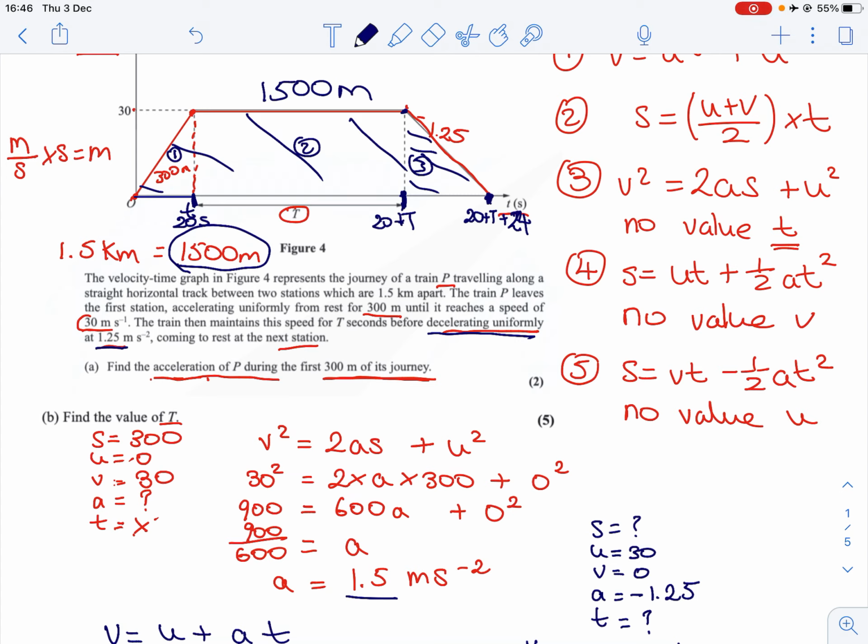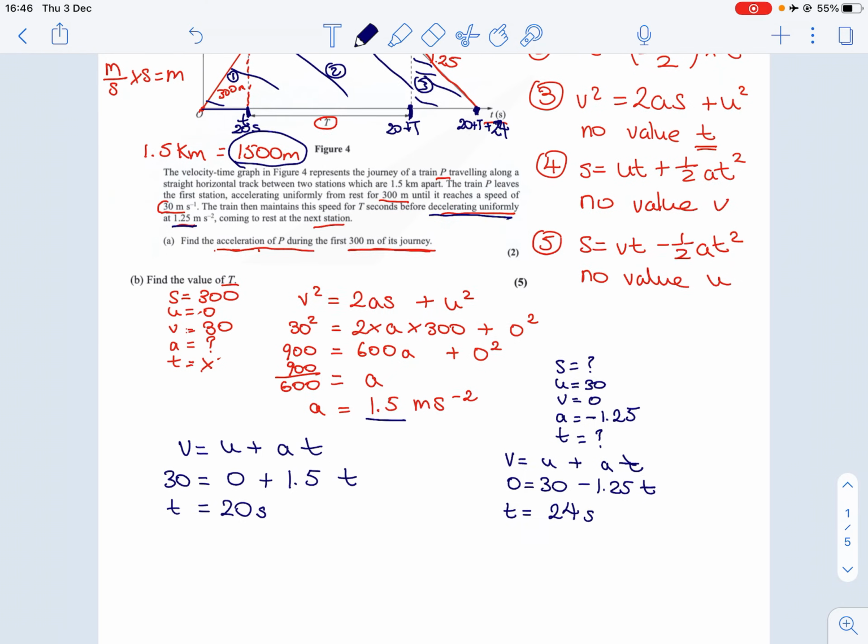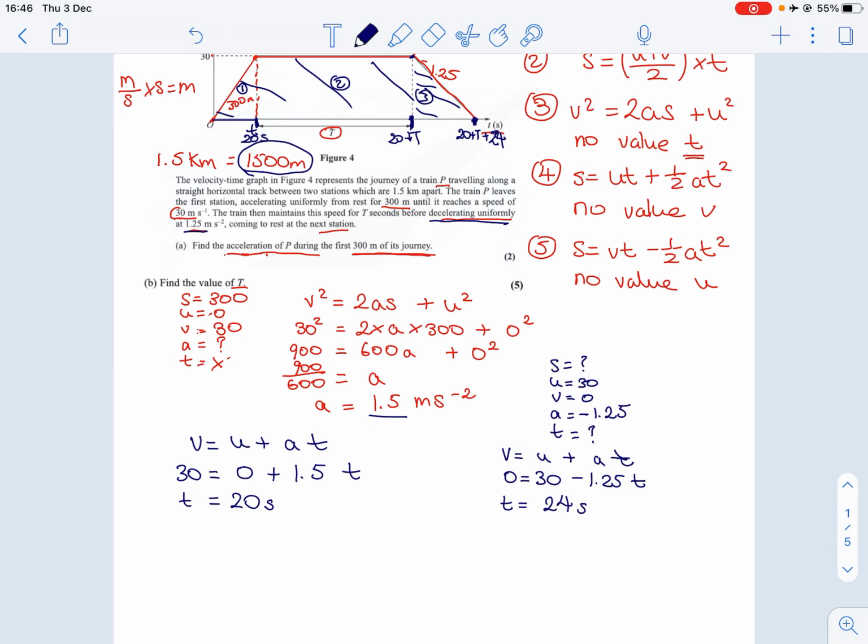So now, what kind of shape do we have? We have a trapezium. And to find out the trapezium, remember, the area under the graph is equal to 1,500 meters, and the area of a trapezium is half times the height times the top plus the bottom. So our top is going to be t.